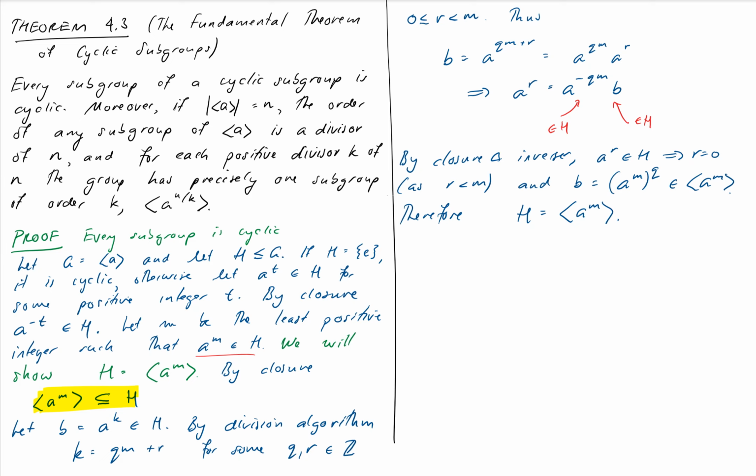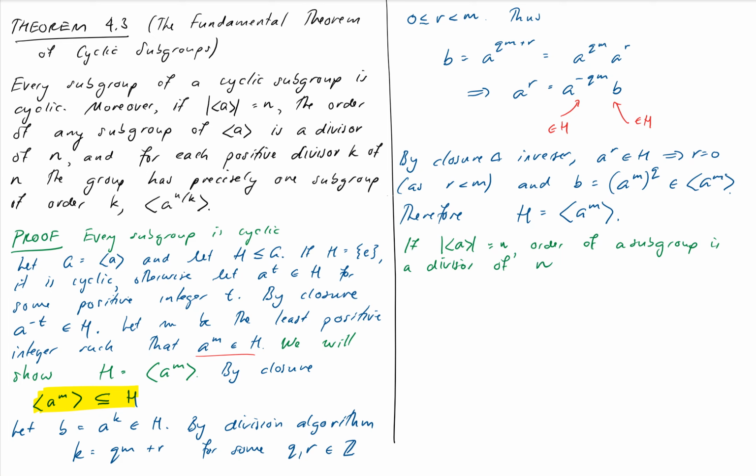Okay, let's prove the next bit. If the order of our cyclic group is n, then the order of a subgroup is a divisor of n. How's that one going to work?